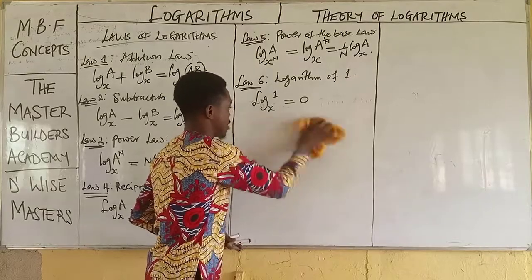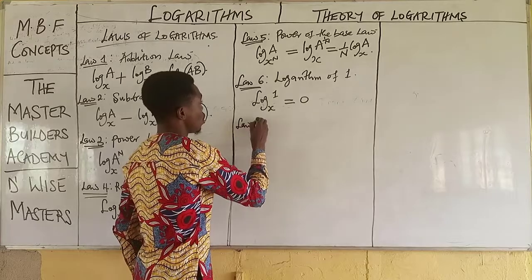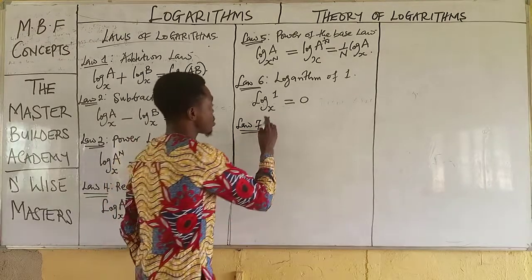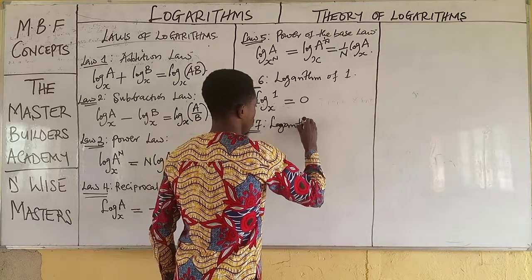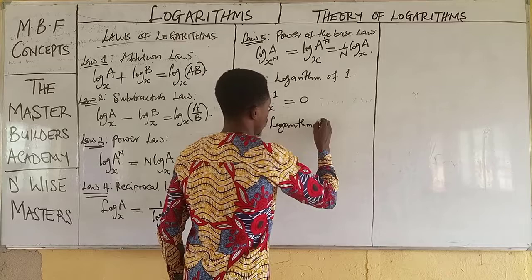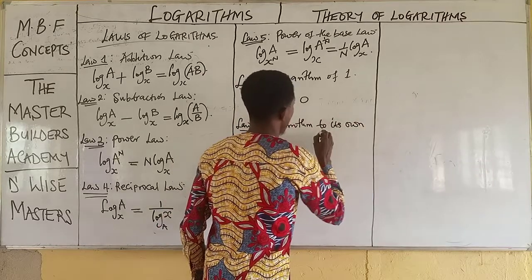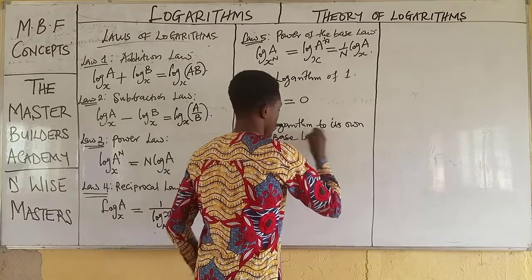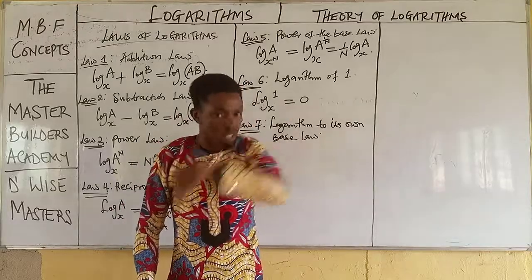Now, let's look at law number 7. Law 7 is logarithm to its own base. You see, you can have the log equal to the base.